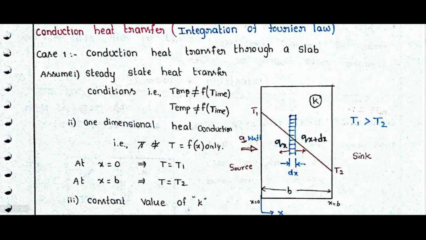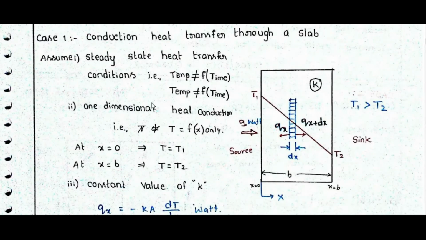Conduction heat transfer: integration of Fourier's law. Case 1, conduction heat transfer through a slab. Assume steady state heat transfer conditions, temperature not a function of time. One dimensional heat conduction, T is a function of x.